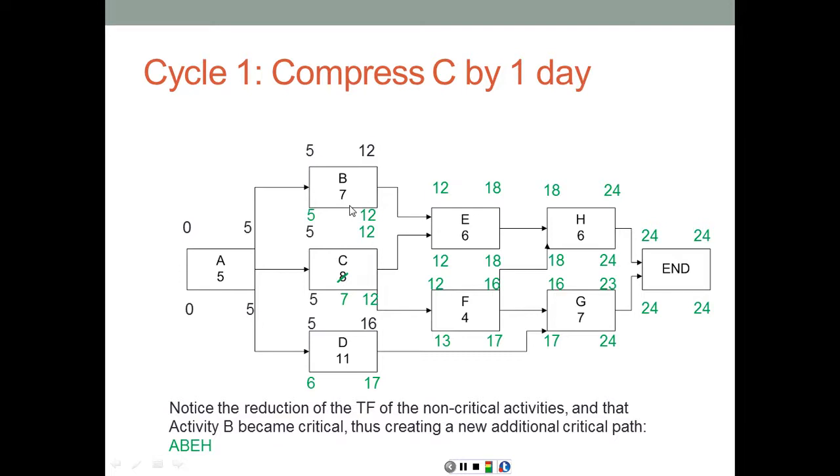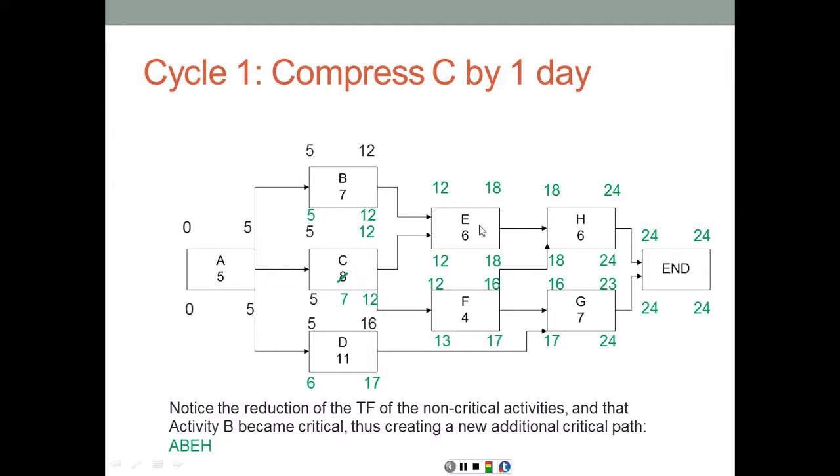So now we have two critical paths, A, B, E, H, and A, C, E, H. Activity D still has 1 day, activity F has 1 day, and activity G still has 1 day. Now the options to compress this network.